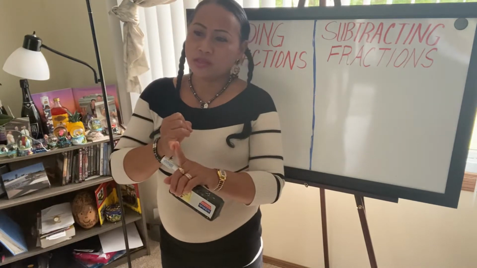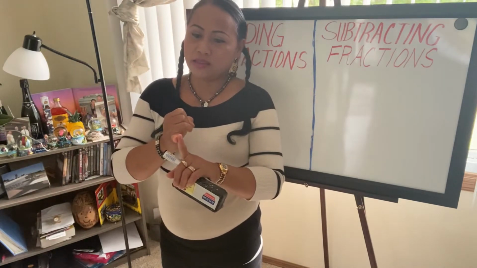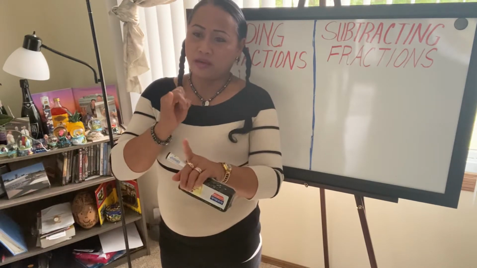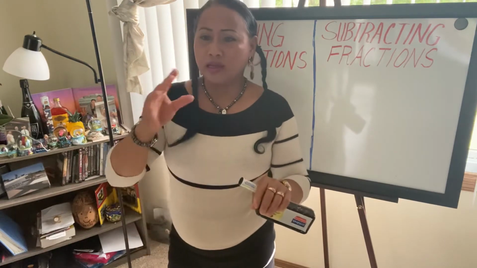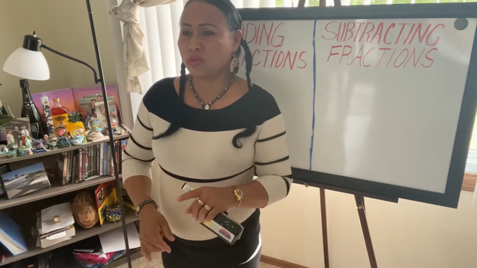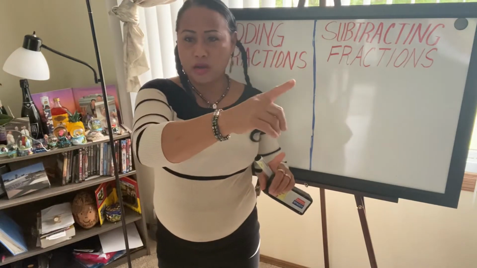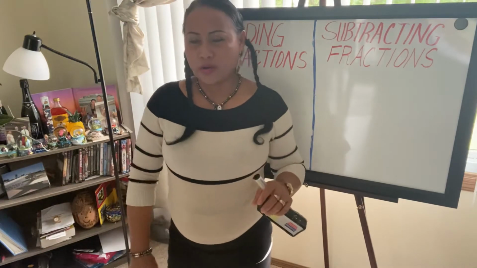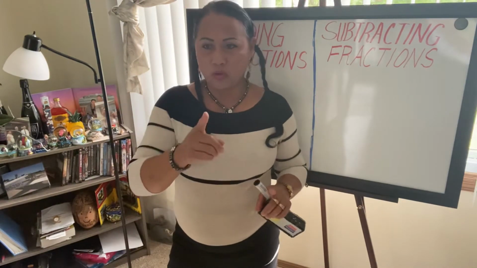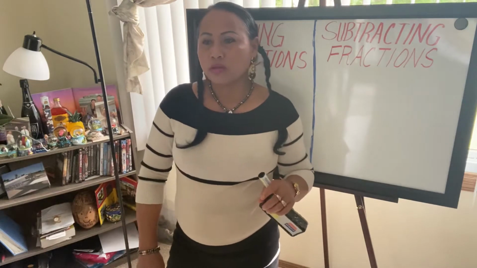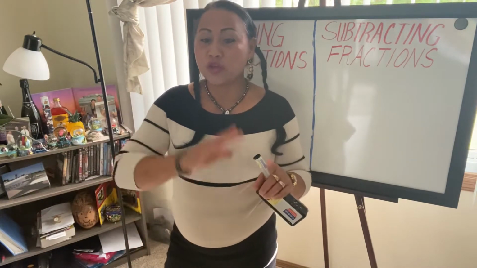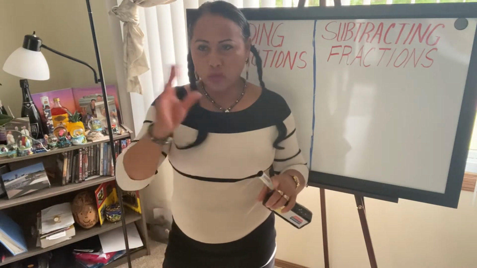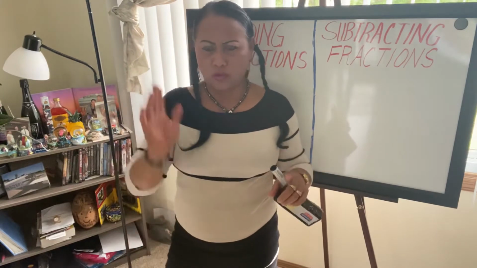Proper fractions have the numerator less than the denominator. So that means the small number is above and then the denominator. Okay? Like for example 1/2. 1 is smaller than the denominator. In short, the numerator is always smaller than the denominator.